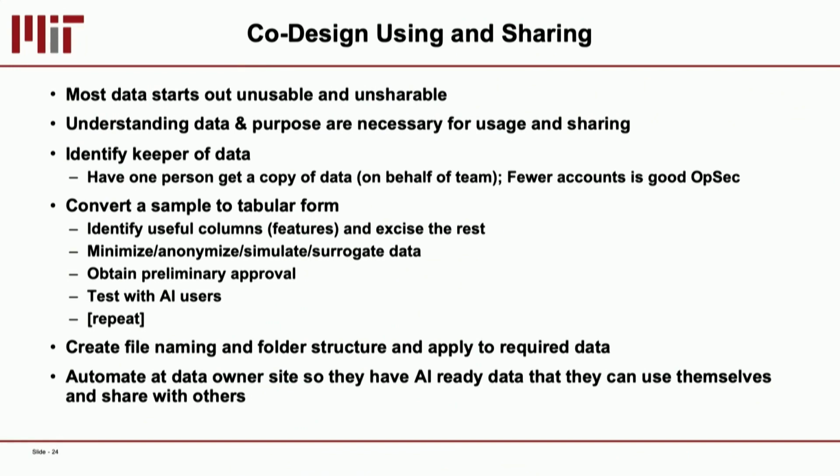And then finally, what's great is if you can then automate this process at the data owner site. It's tremendously valuable to them. You have just gifted them a data architecture that makes their data AI ready, and then moving forward, they can share it with you, within their own organization, or with others, right? So this is incredibly valuable, right?